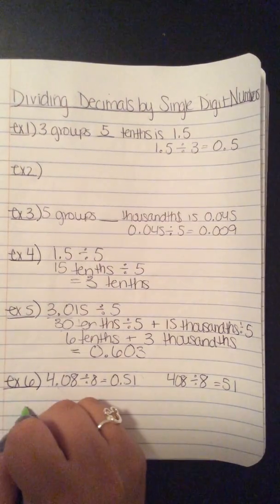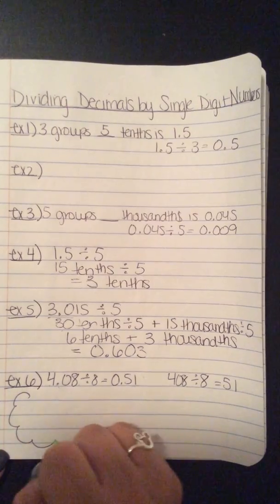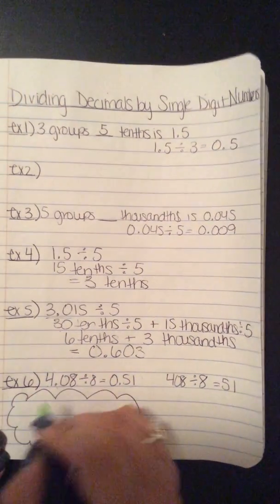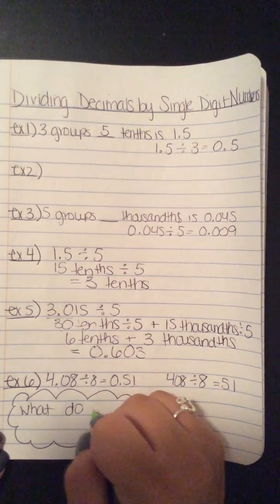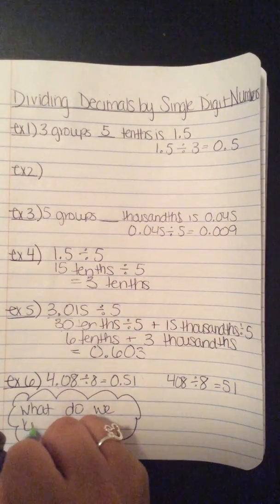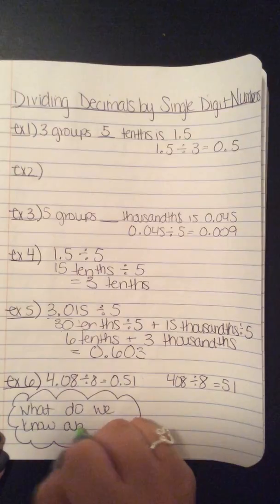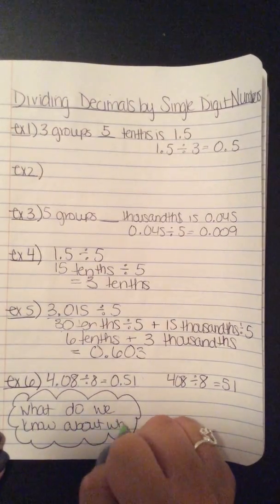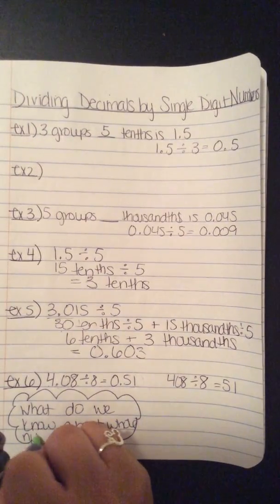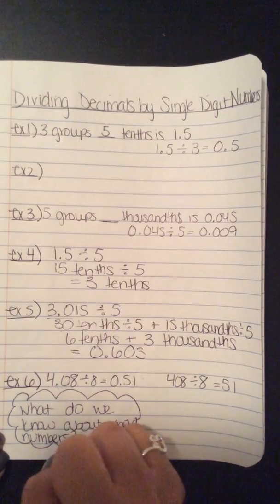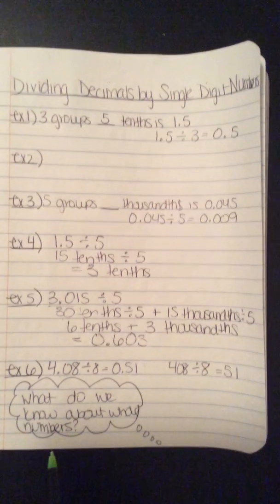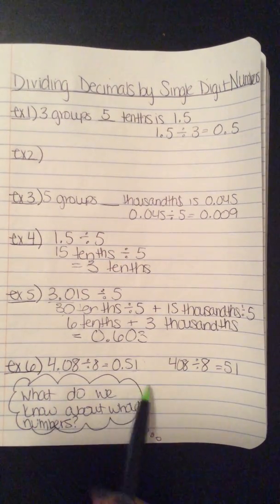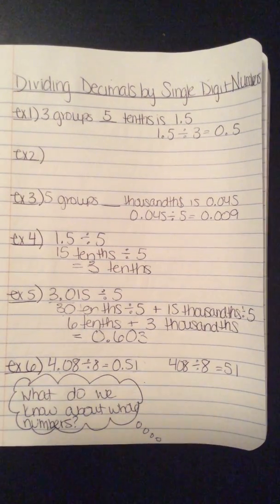So maybe we want to draw a thought bubble. What do we know about whole numbers? Sometimes our knowledge of whole numbers can help us when we're solving our decimal problems.